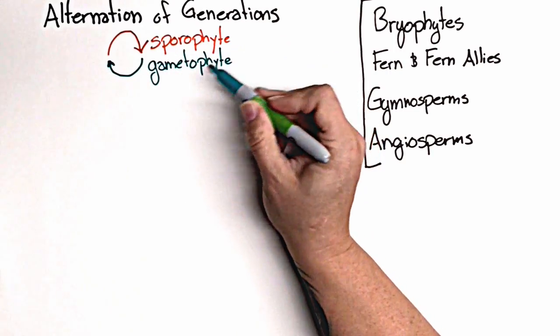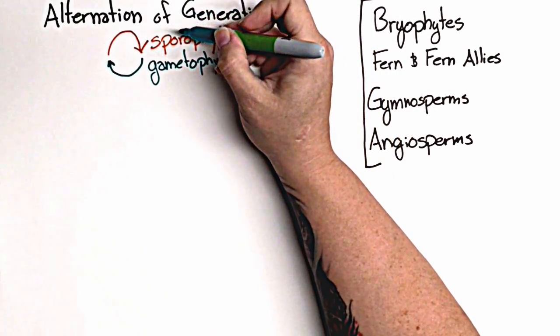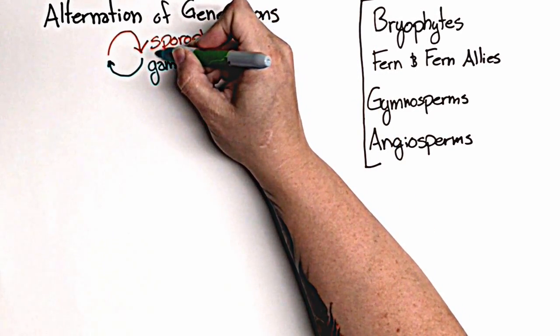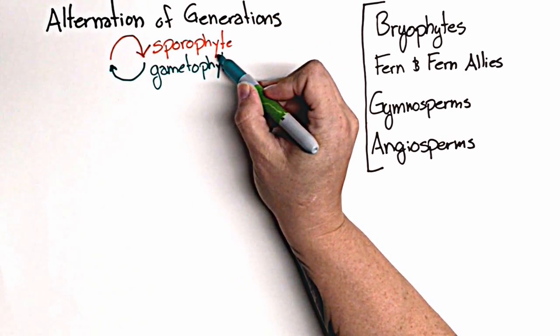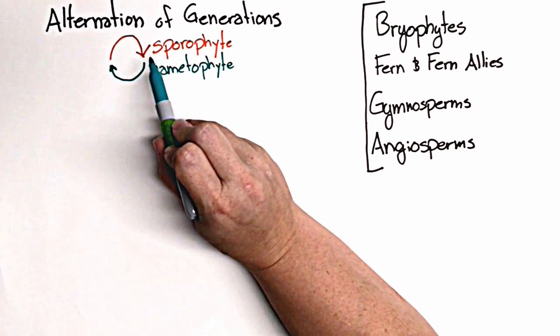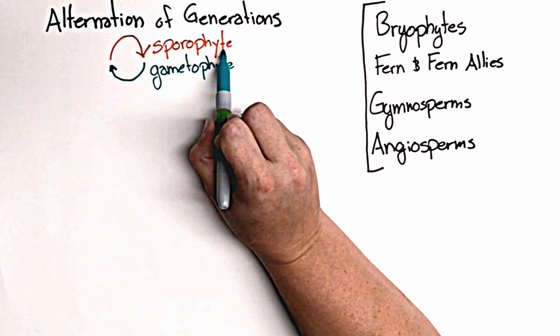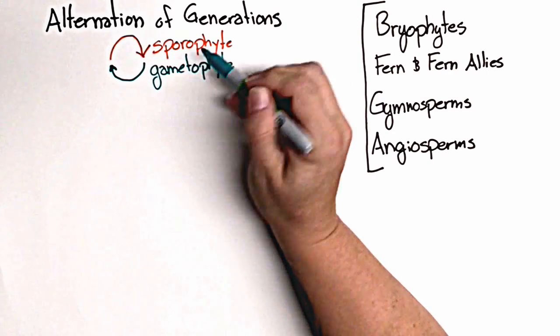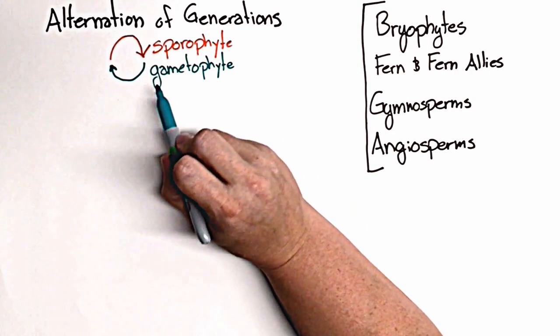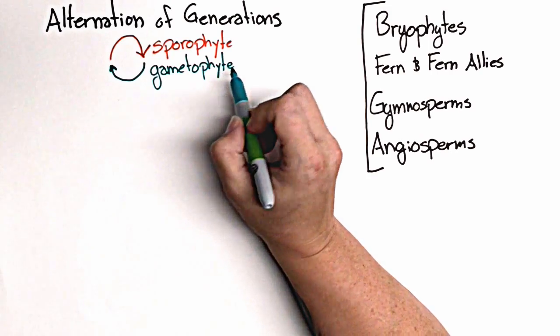The gametophyte generation. So, if we break this word down, sporo means spore. Phyte means plant. So this generation is our spore-producing plant. And the gameto means gamete. So gametophyte means our gamete-producing plant.